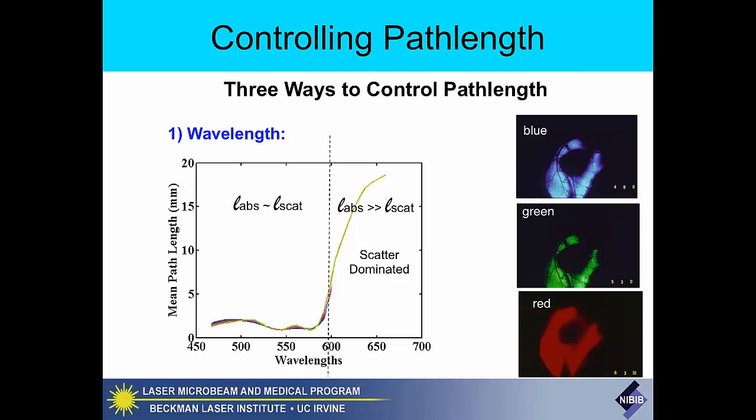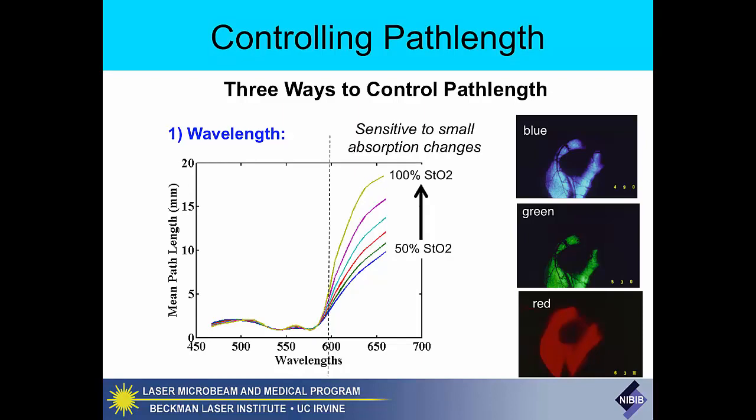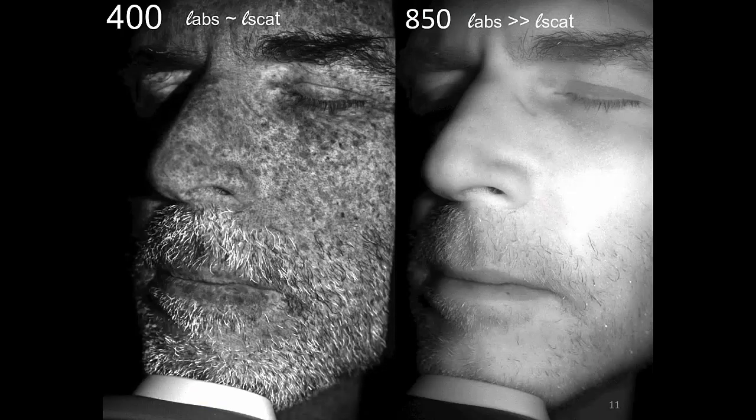And even if I change the tissue oxygenation state, so if I go from 100% saturation down to 50% and back and forth, so that's dynamic physiology, the path length will change by another factor of 2. So we can use spectroscopy to control the path length and also interpret and gain information from where the signals are in tissue. And this is a very dramatic illustration, I think, of that concept.